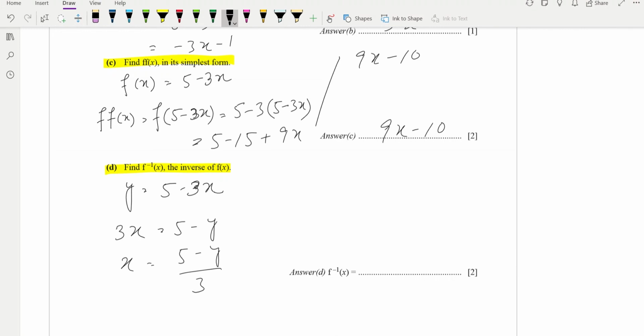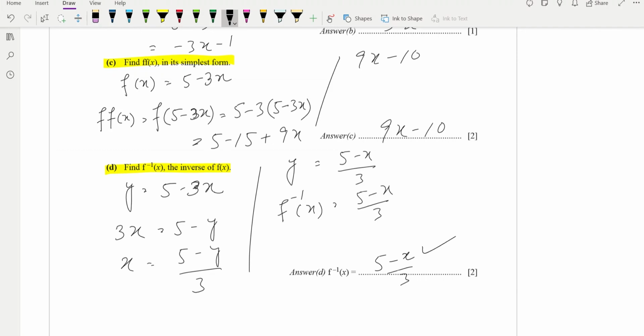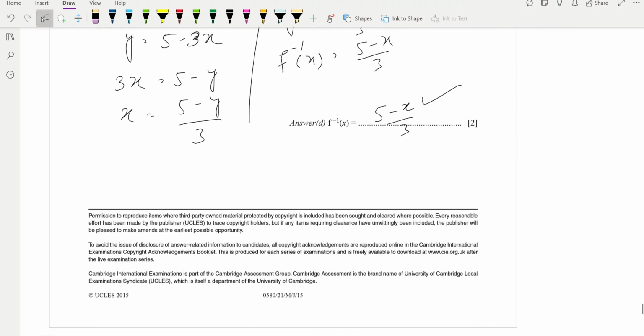So now we can swap x and y, so y is equal to 5 minus x over 3, and we can write f inverse of x is equal to 5 minus x over 3. So our answer will be 5 minus x over 3. This will be the final answer for this question.